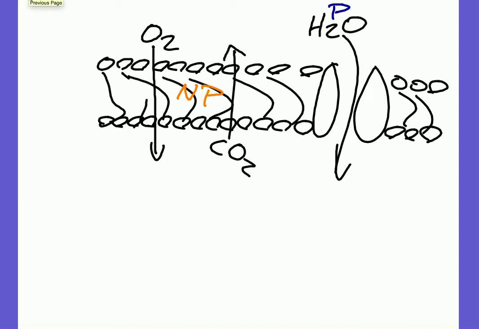Some things need a little bit of help, like the water, to go through the channel protein. But at the end of the day, none of those transports that we talked about on this slide require energy. It just happens automatically. So they're all forms of diffusion. They're all passive transport.